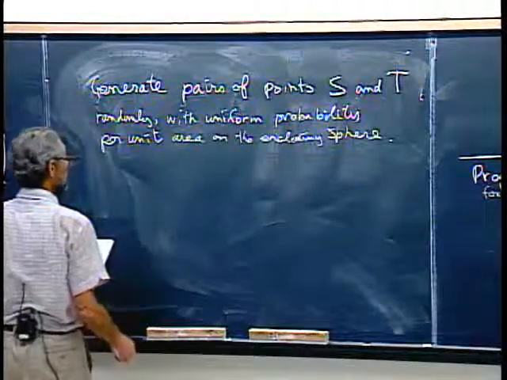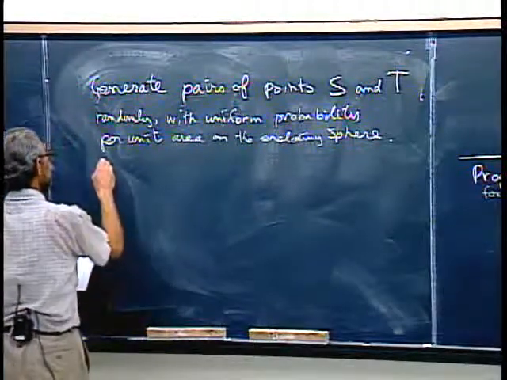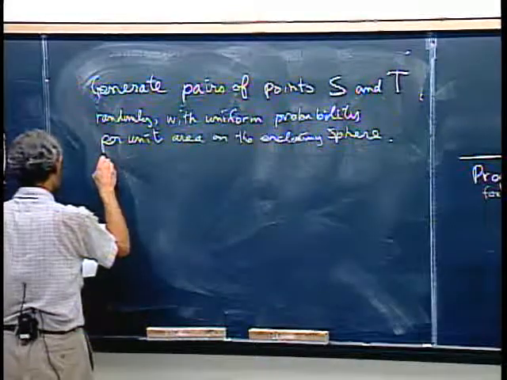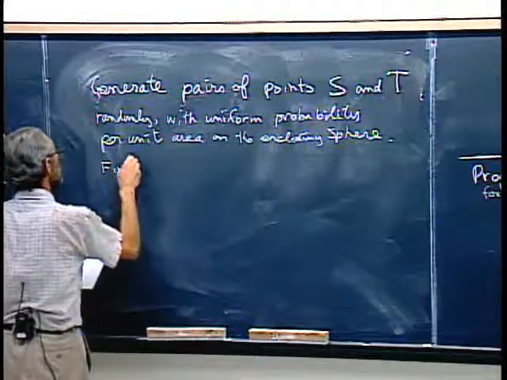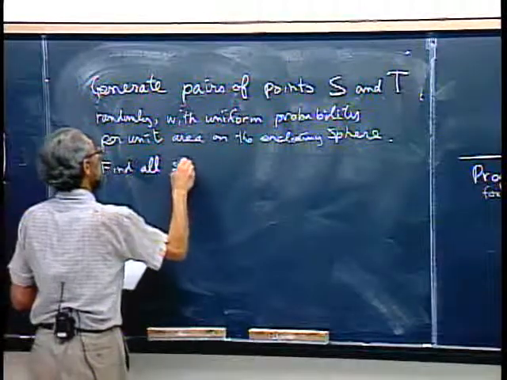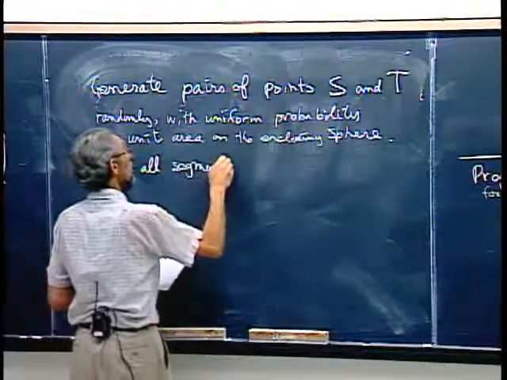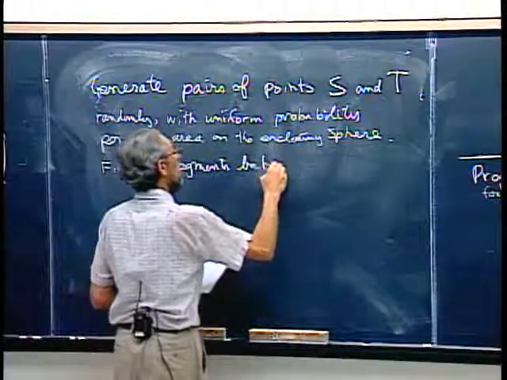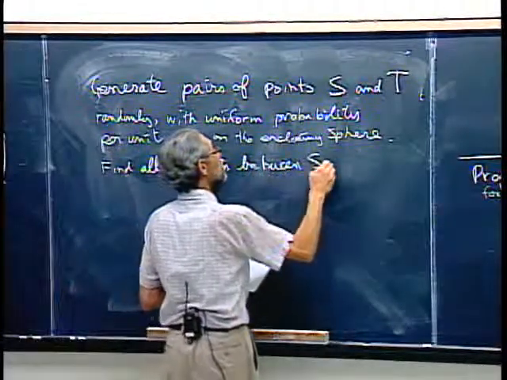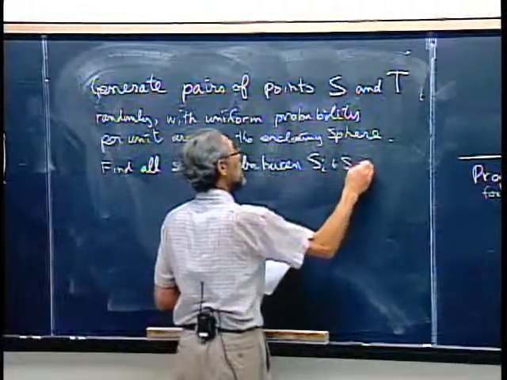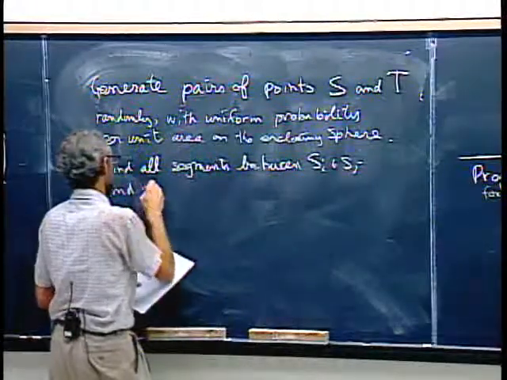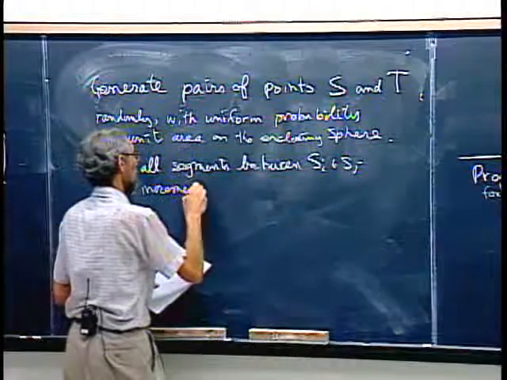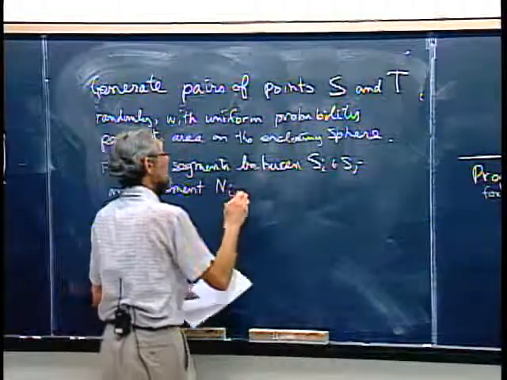So let me write the words that we do that. Find all segments of the rays between Si and Sj and increment Ni.